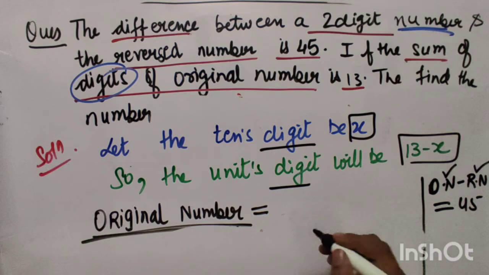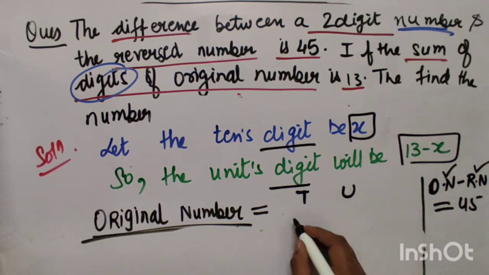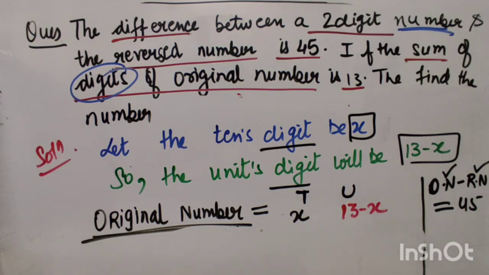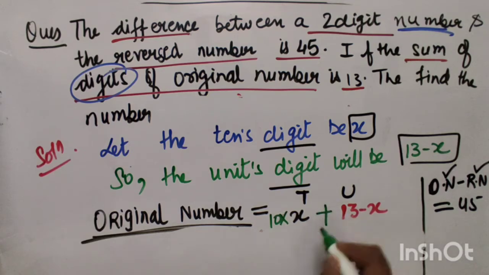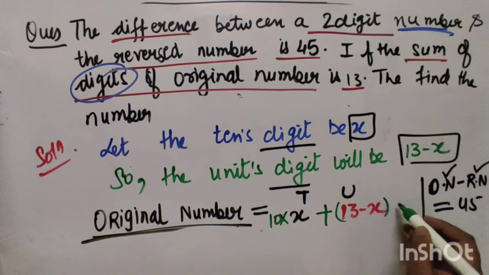Now I know my tens digit and my unit digit. My tens digit is x and my unit digit is 13 minus x. Since my tens digit is at the tens place, I will multiply it by 10, and since the other is at the unit place, I will multiply it with 1.